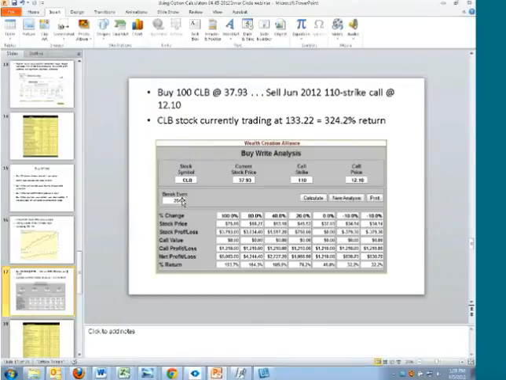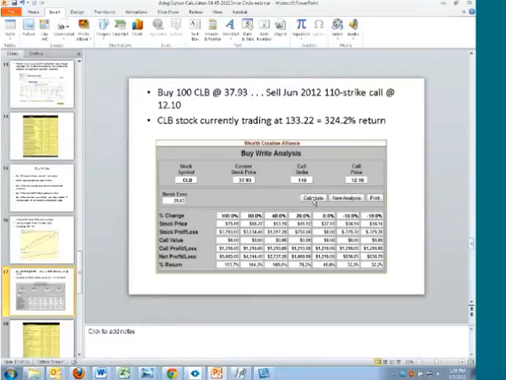And again, with the buy right calculator, you would input the stock symbol, the current stock price, the call strike price, the premium that you receive for the call option, and then you input various changes in the percent change of Core Lab stock at option expiration. In this example, I did from 100% increase to a 10% decrease.